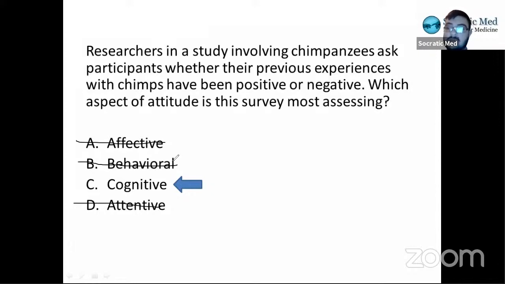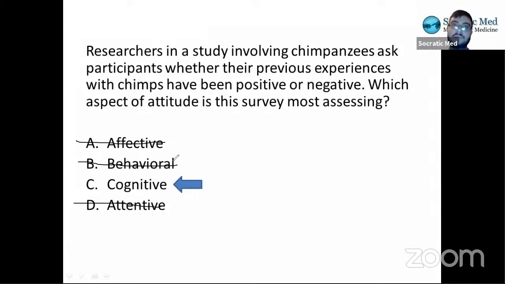If that was your only exposure to chimps in the past, that was your previous experience, which is what the survey is asking in the question, then you would logically say, well, my previous experience was that they're violent, that they're aggressive. So because of that, I have a negative attitude towards them.